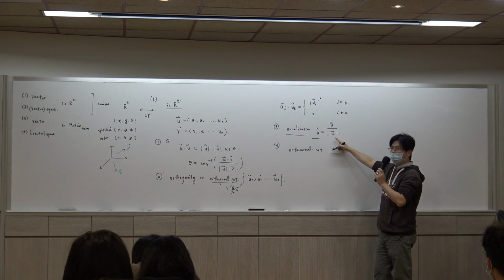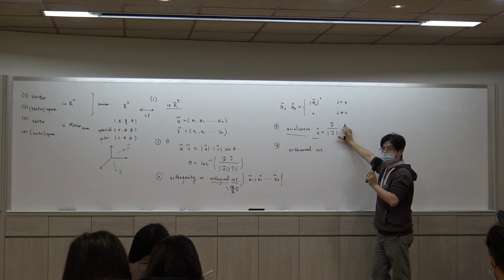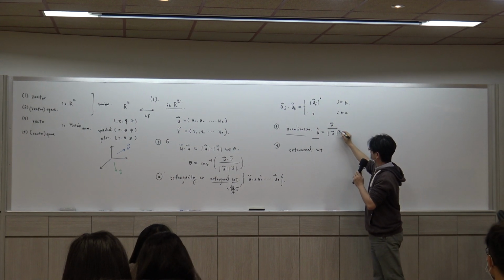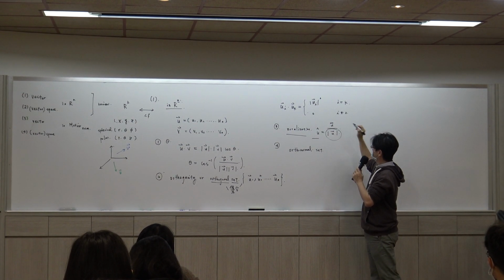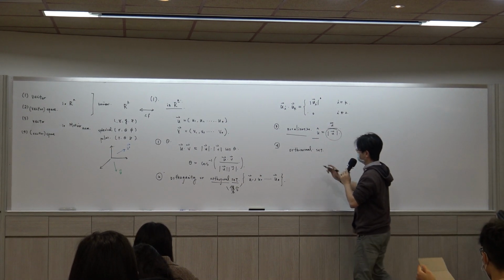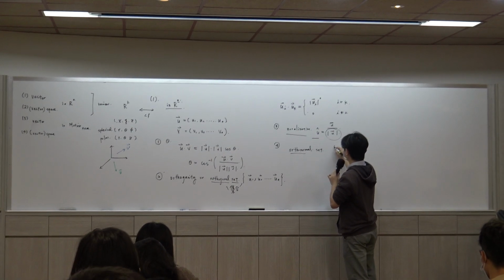So if you calculate the size and divide by the size of the vector, it is called the orthonormal set.